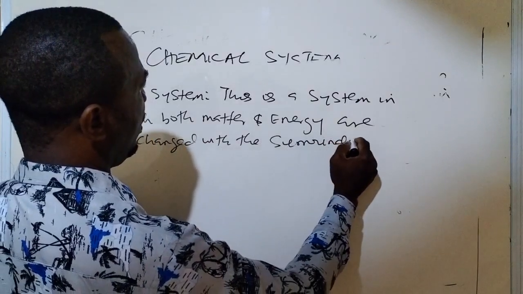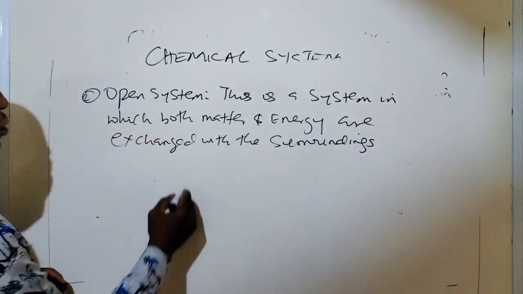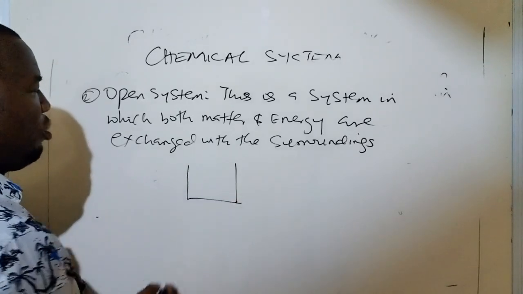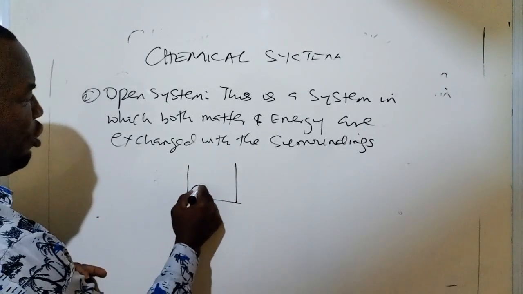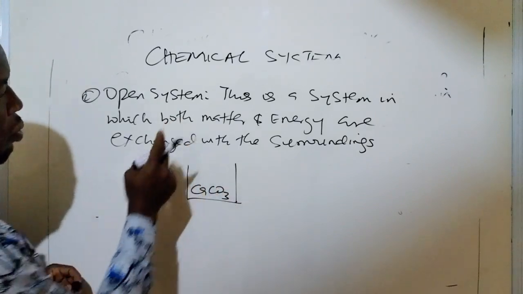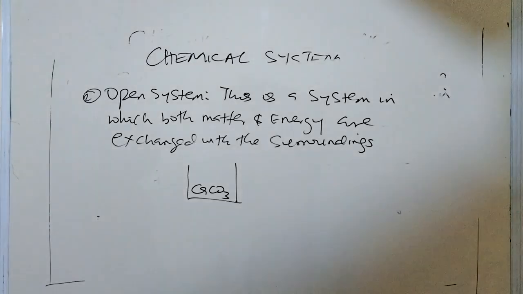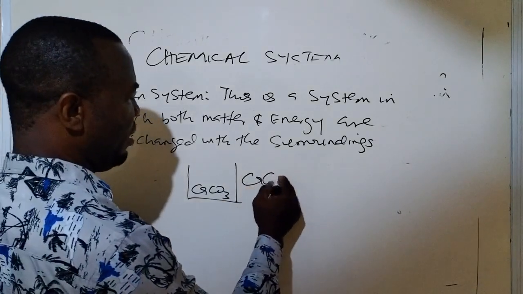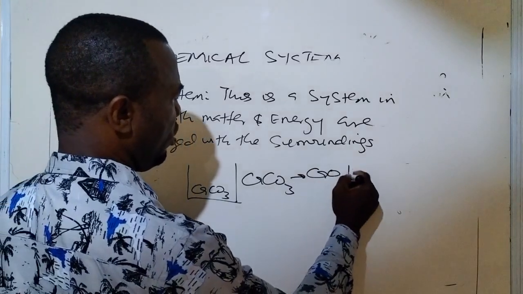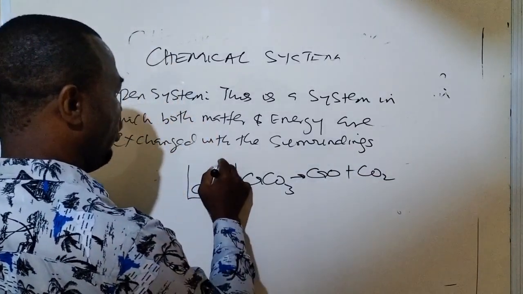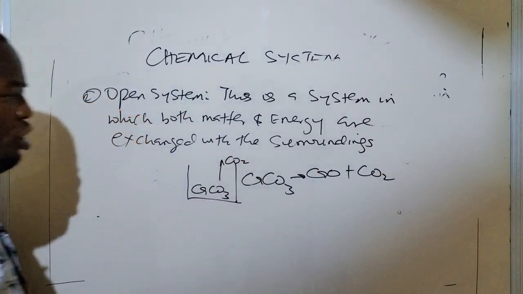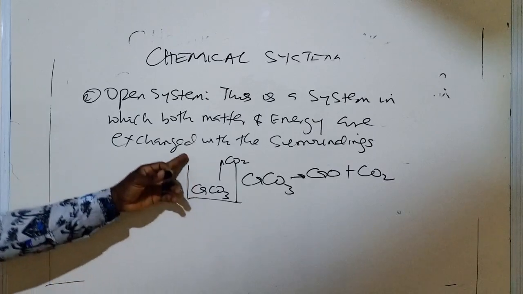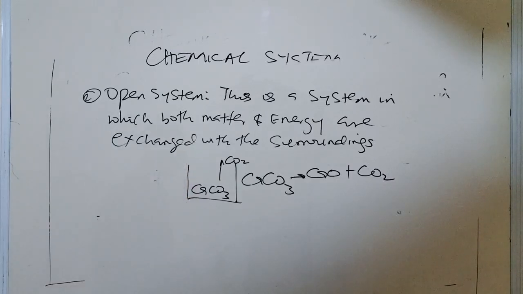For instance, we still use the crucible heating calcium carbonate in it, and it's left open without sealing the cover. This type of system is an open system because the substances, one of which is a product and is gaseous, will diffuse out and escape from the container. And energy is also exchanged between the outside and the inside of the container. So we call this an open system.